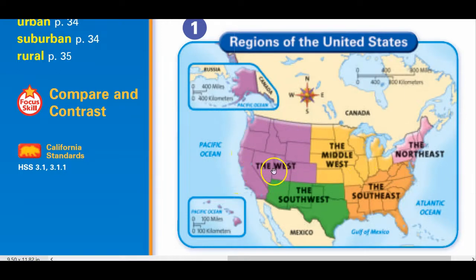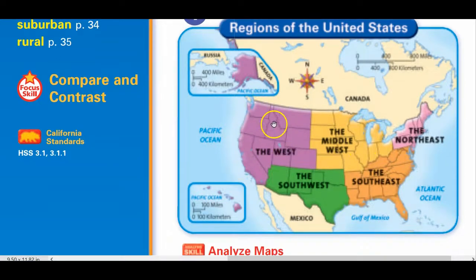So these states right here, by the way, I can name them without even looking at the name: Washington, Oregon, California, Nevada. I believe this is Utah. Colorado. No, this is Colorado. Wyoming is up here. Idaho and Montana is right there. Those are all the west. Southwest are these 4 states right here at the bottom: Texas, Oklahoma, New Mexico, and Arizona.